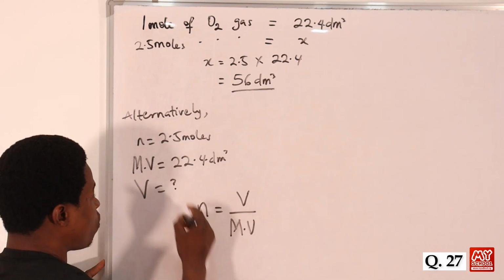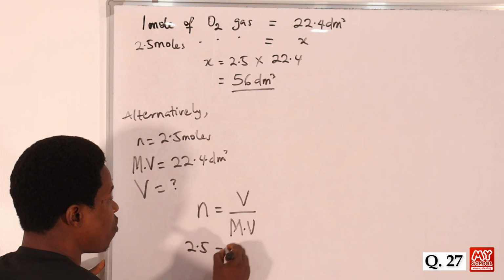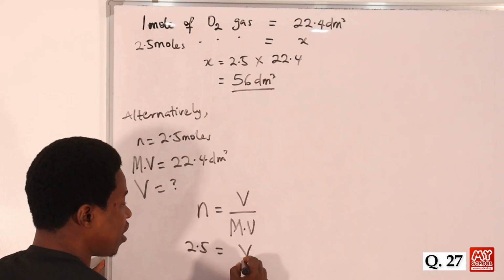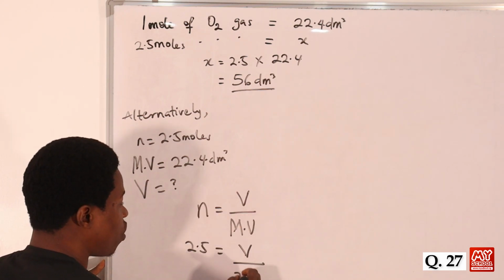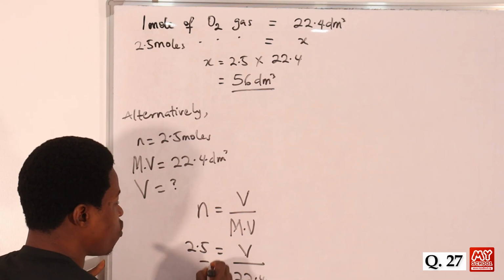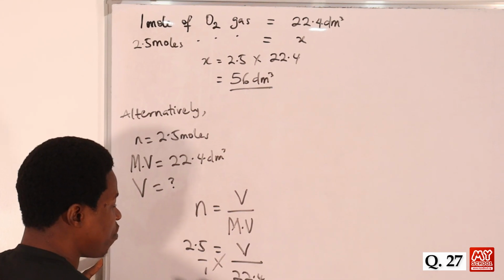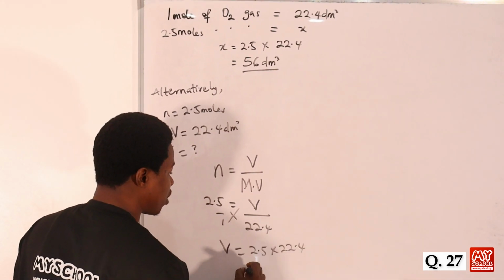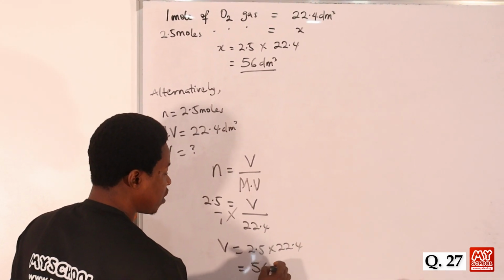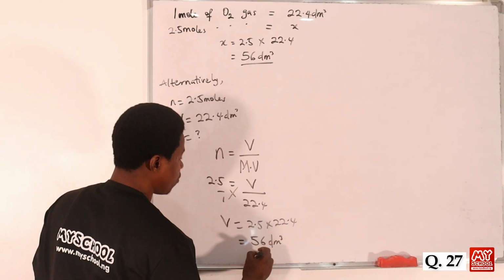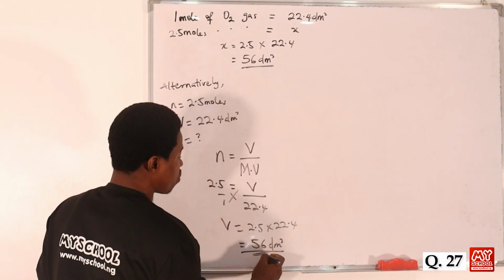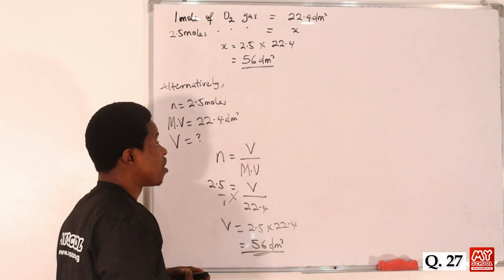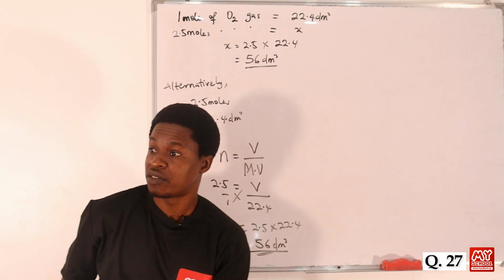So number of moles is 2.5, which will be equal to volume, that's what we want to find, over molar volume, which is 22.4. By the time you cross multiply, 1 times V, volume, will be equal to 2.5 times 22.4. By the time you multiply this together, you should have 56.0 dm3, just like we have it. So whichever one is suitable for you, go ahead and choose. Let's go to the screen to see what we have.